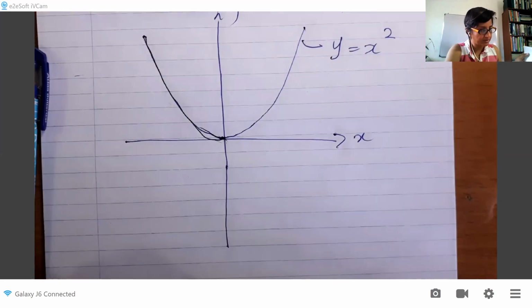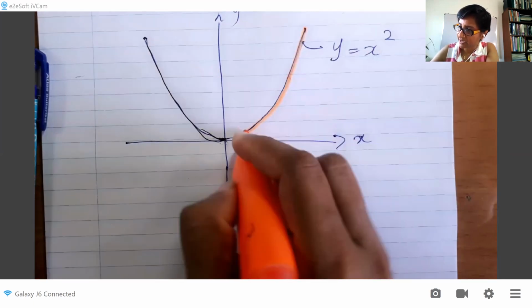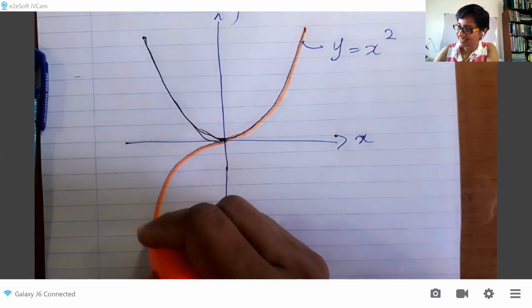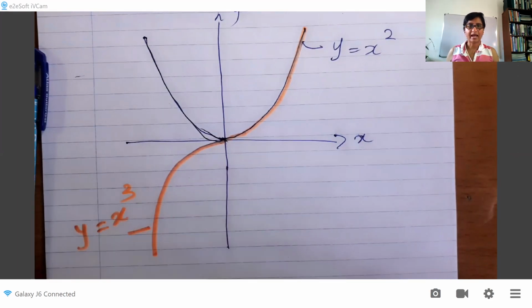If I trace over it, this part would be the same, and then from here it will go like that. This is y equals x cubed. Any cubic graph would have that basic shape. It's not a C, it's not a wave. Waves go like that, right? It's like a worm, like a snake.